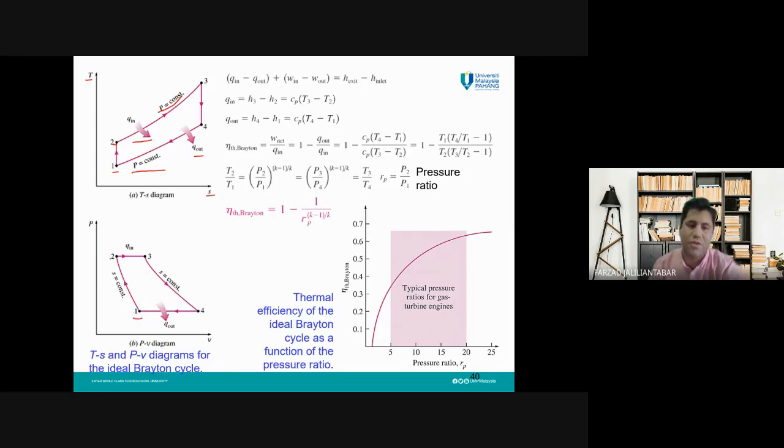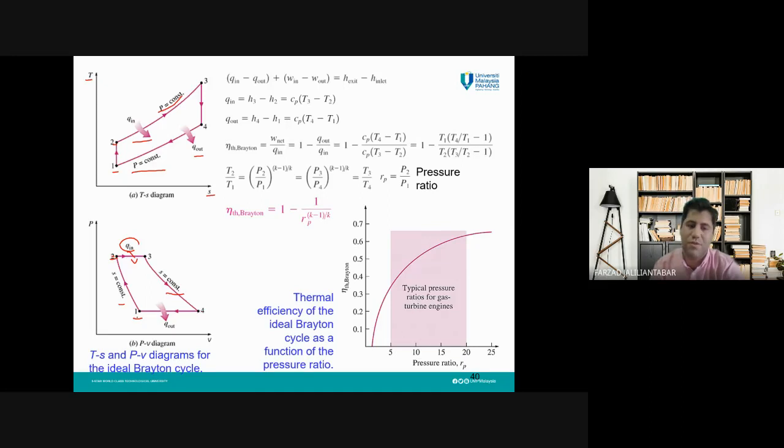From state 1 to state 2, we have an isentropic process. You know, from thermodynamics, the isentropic process in the PV diagram is like this. And from state 2 to state 3, we have a constant pressure heat addition process. From state 3 to state 4, again the isentropic, or constant entropy, process.